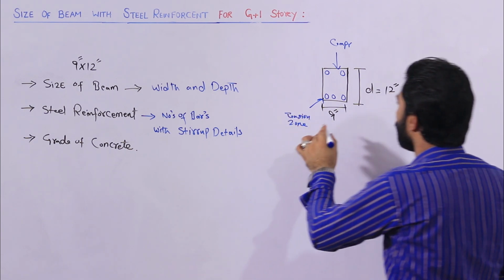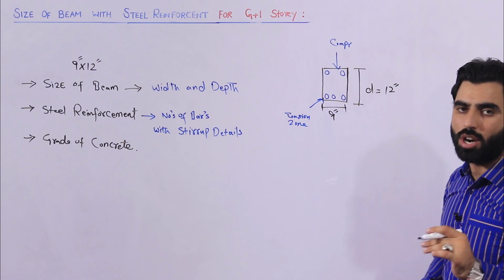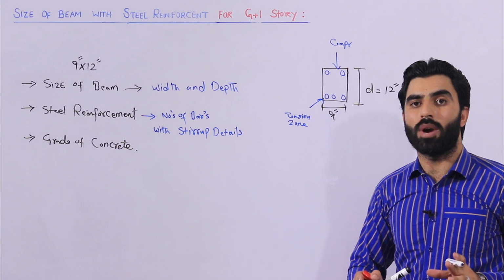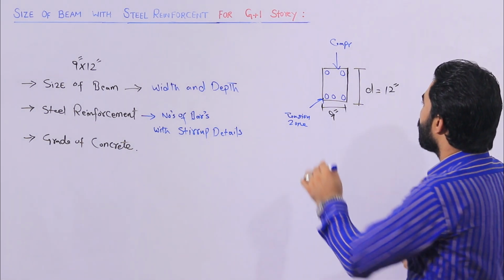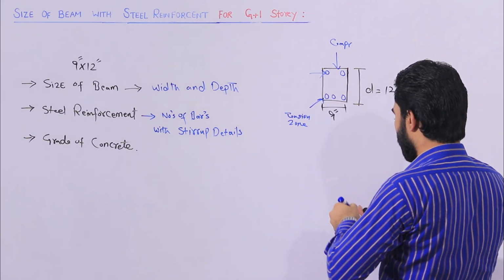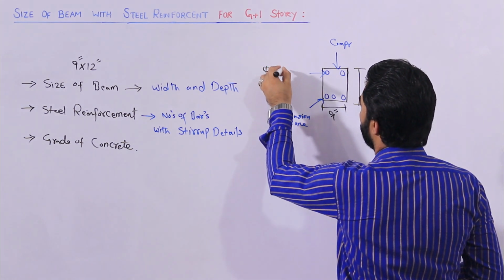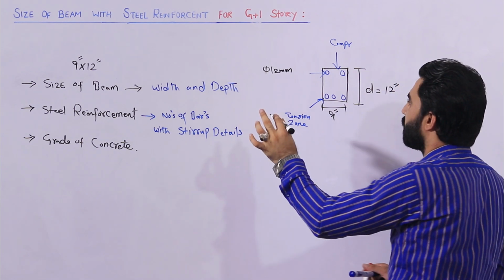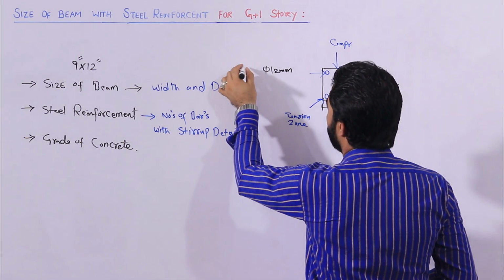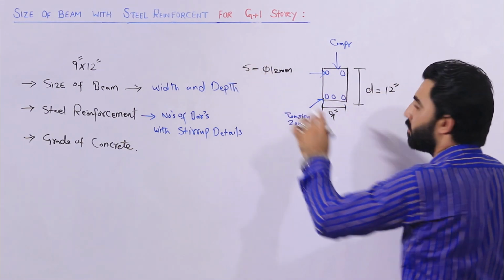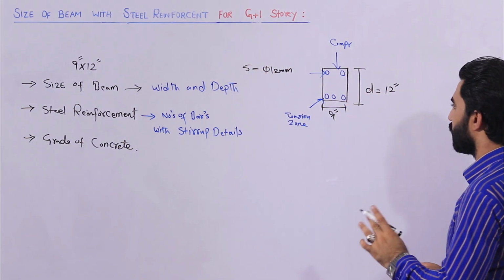In the tension zone you can use 3 steel rods, and in the compression zone 2 steel rods. So in total we require 5 steel rods, whose diameter should not be less than 12 mm. So it means 5 numbers, dia 12 mm.